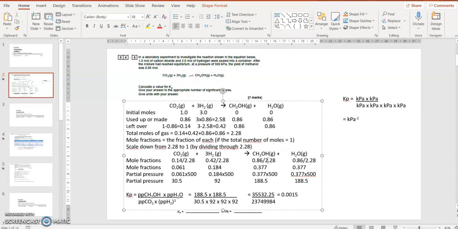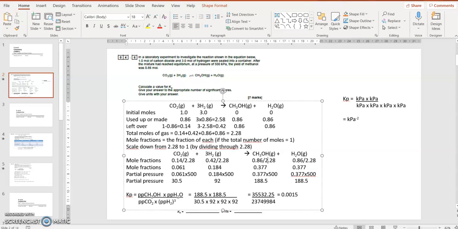0.377. Now, what I've got to do is work out something called partial pressure. The partial pressure is the pressure that comes from that individual gas, and that depends on its fraction.